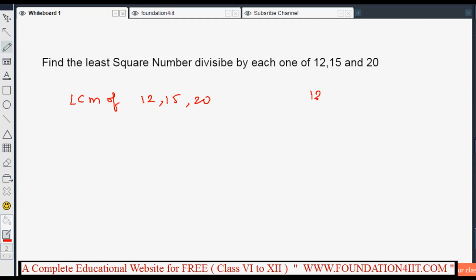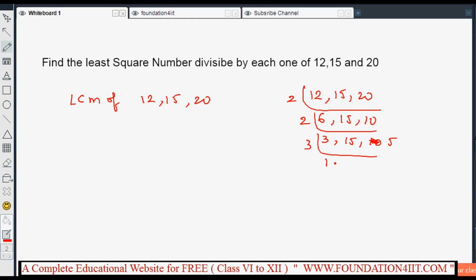Now 12, 15, 20: dividing by 2 gives 6, 15 and 10; then by 3 gives 2, 5 and 10; then by 5. So finally the LCM is 2 into 2 into 3 into 5, which is 60. So 60 is the LCM.